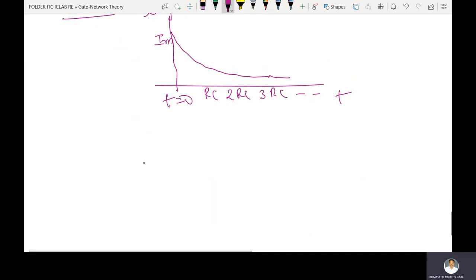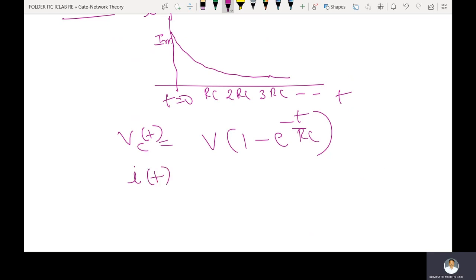These are the two important equations. In the charging analysis, we considered Vc of t is equal to V into 1 minus e power minus t by RC. This is one equation: the charging instantaneous voltage across the capacitor is Vc of t.